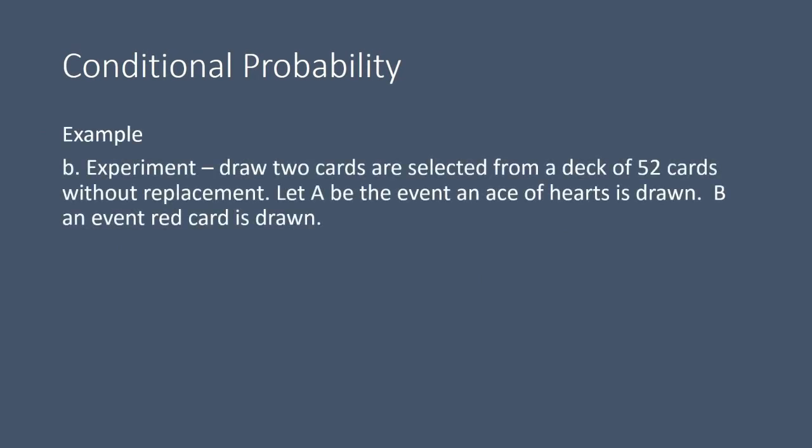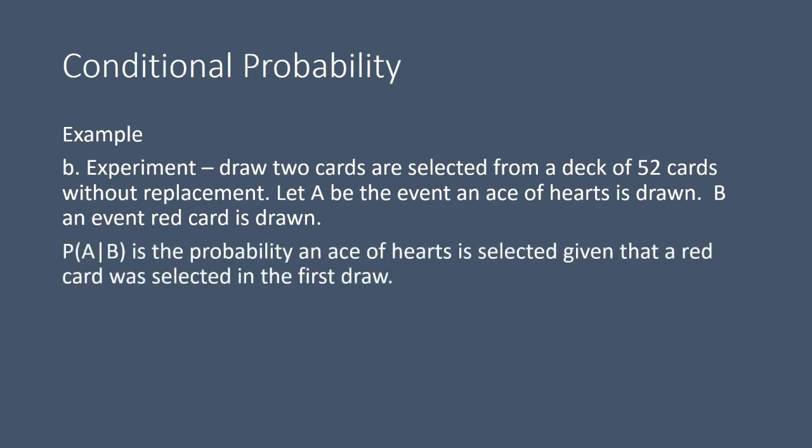Another example. So the experiment is about drawing 2 cards from a deck of 52 cards. You will draw 1 card after another without replacement. Let A be the event an ace of hearts is drawn. Let B be the event a red card is drawn.